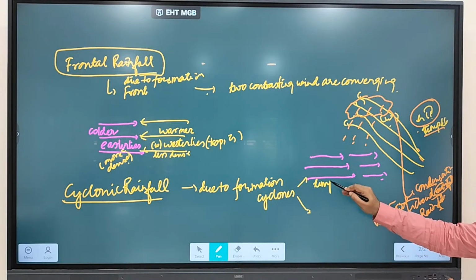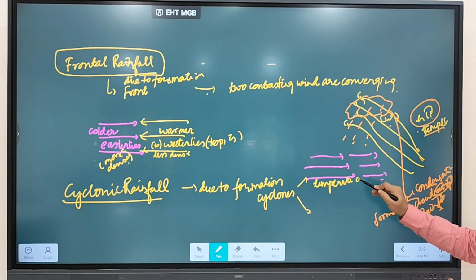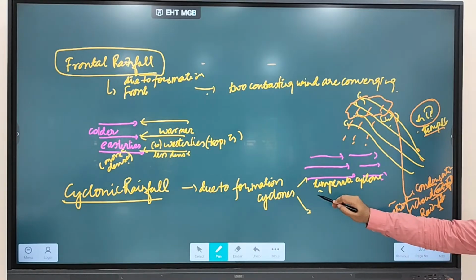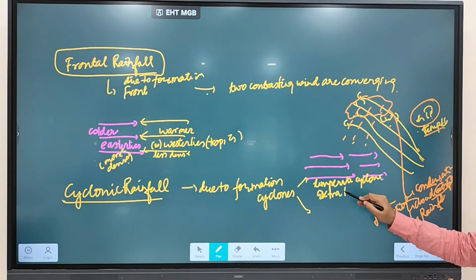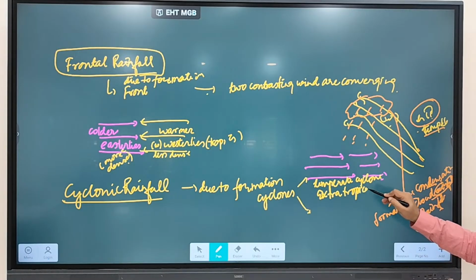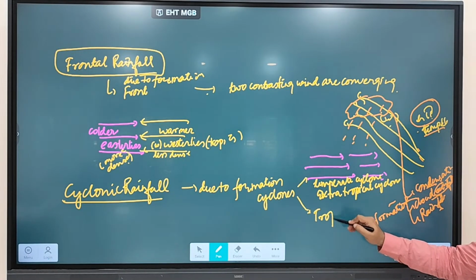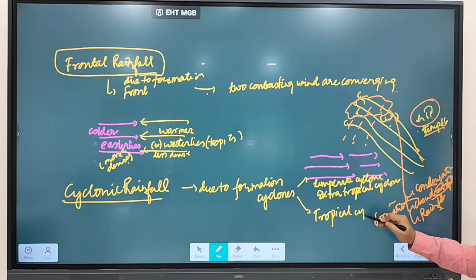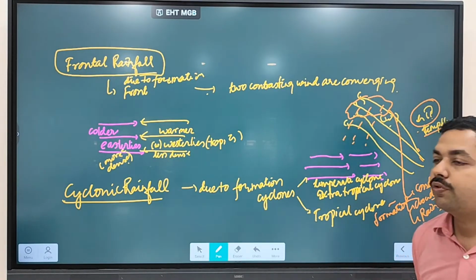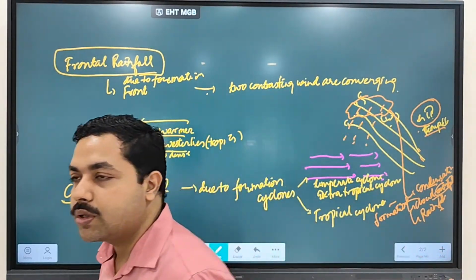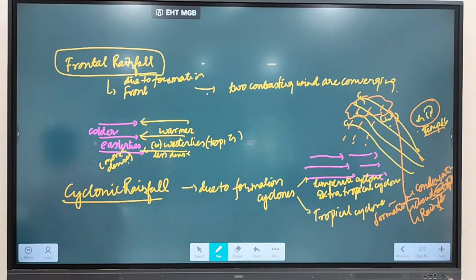One is temperate cyclone, also referred to as extratropical cyclone, and another is referred to as a tropical cyclone. So rainfall that occurs due to formation of cyclone is called cyclonic rainfall, and it can be of two types: temperate cyclone, extratropical cyclone, or the tropical cyclones. Fine.